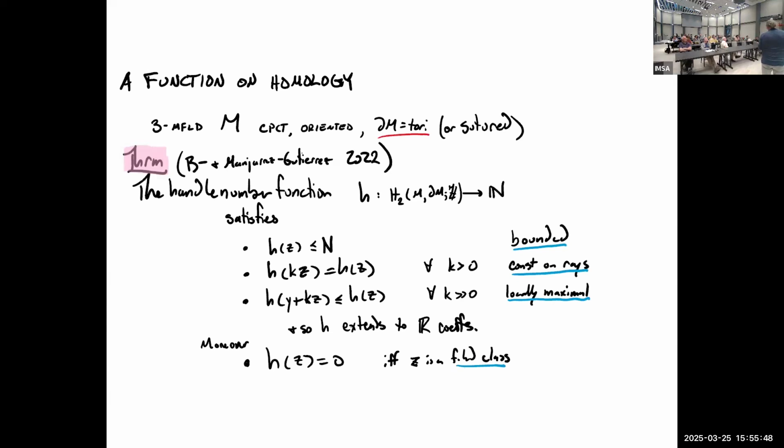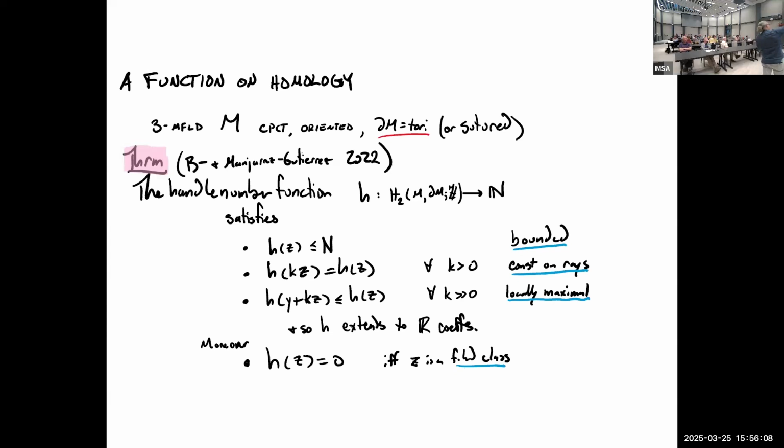And then you can see it's locally maximal. If I take my homology class, I can think now about these rays. If I think about any other homology class and add on a large multiple of this, that's going to get me into the area of looking at a ray that's very close to the ray I was looking at.